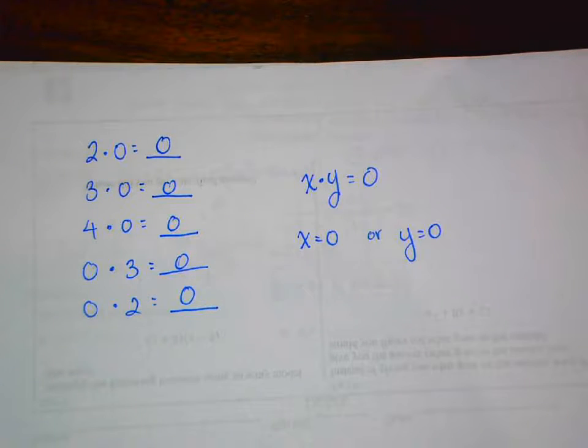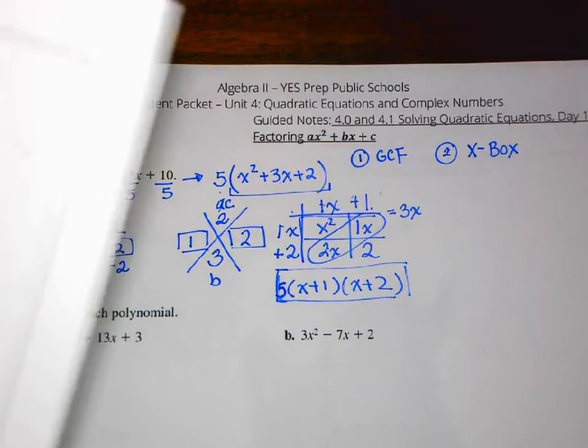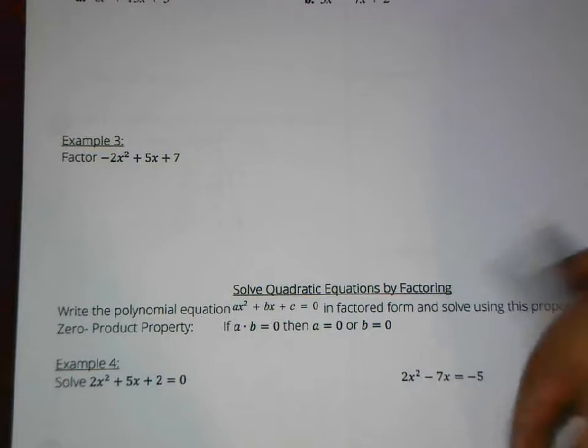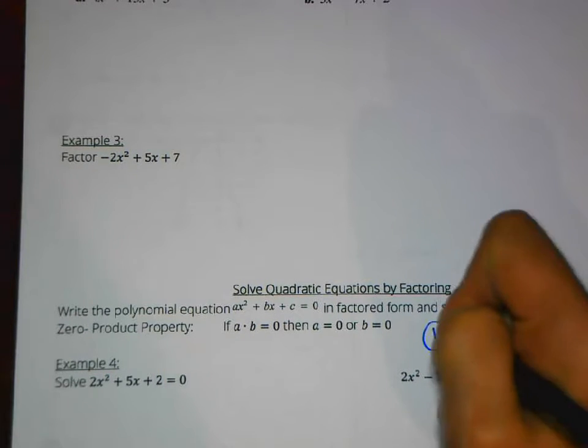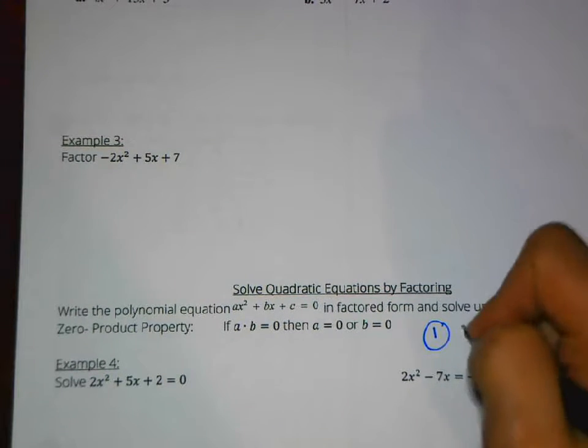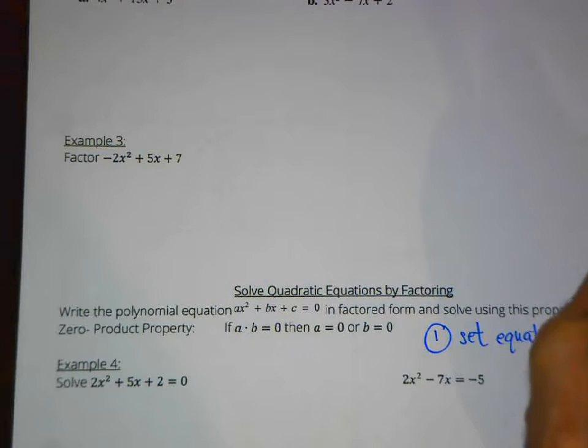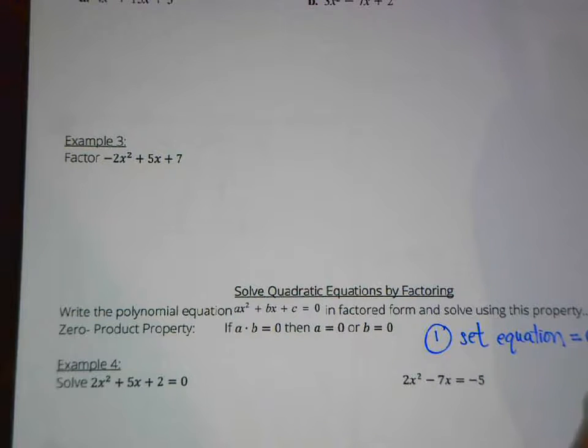So using that idea, we're going to take a look at the bottom half of our notes, solving quadratics by factoring. Since we know that we want to have two numbers multiplied to each other to equal 0, we want to make sure the very first step is to set the equation equal to 0.